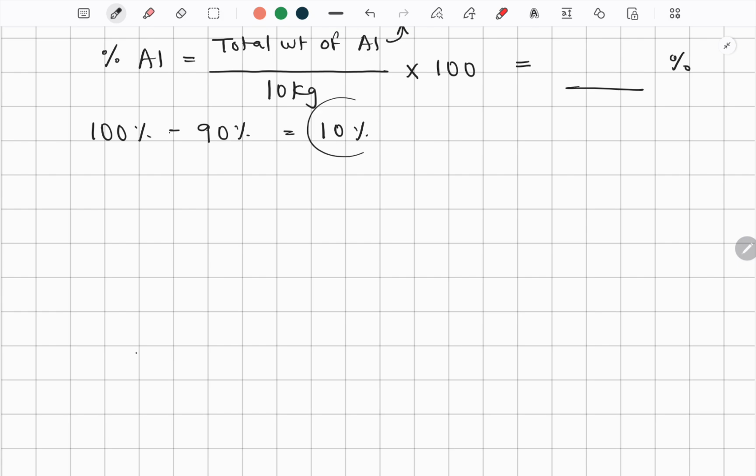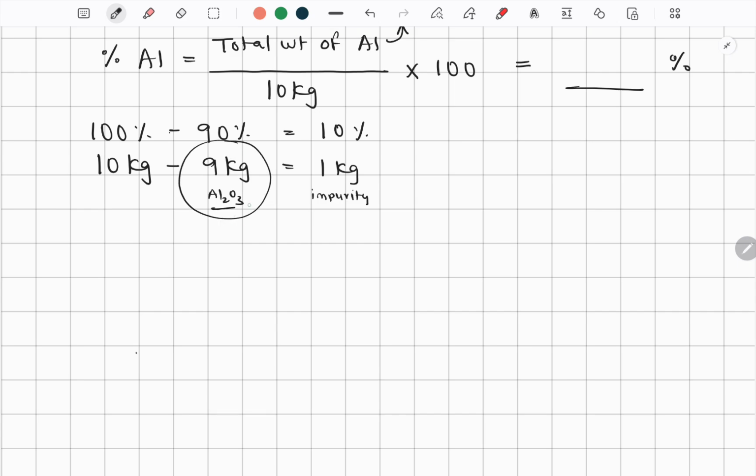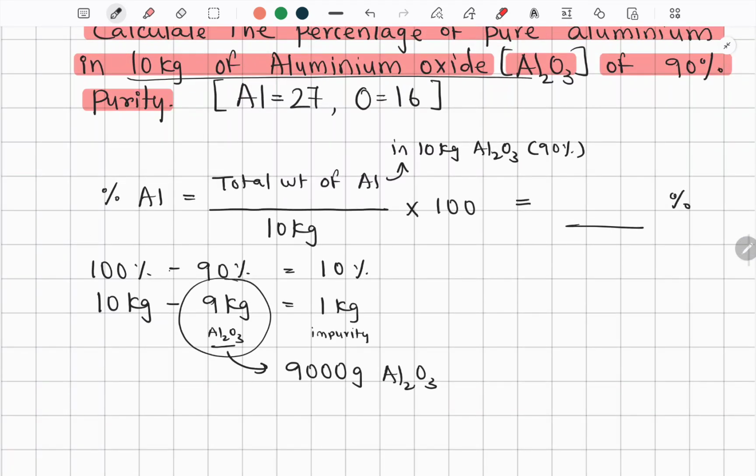As it is given 10 kg, out of 10 kg, 9 kg is my pure Al2O3 and the rest 1 kg is my impurity. So 9 kg means 9000 gram. 9000 gram of Al2O3 is present in the 10 kilograms of compound given.